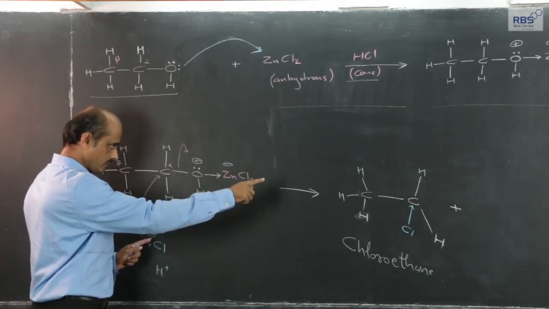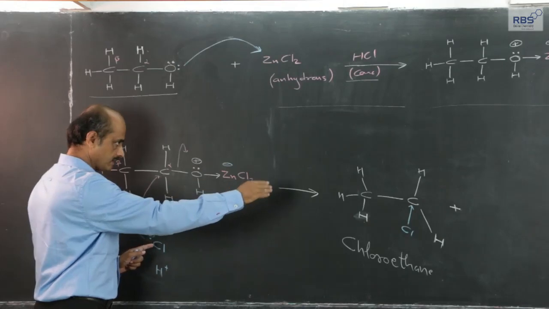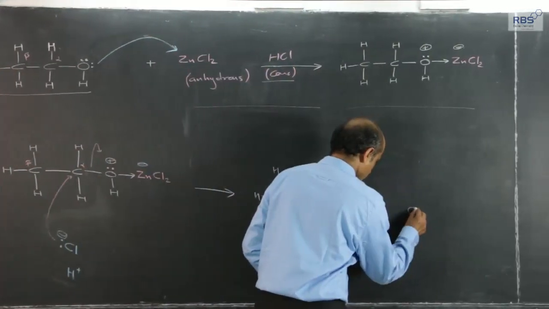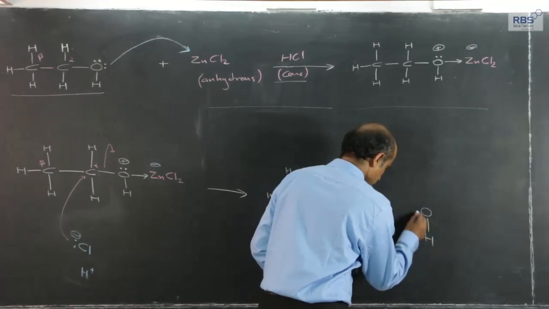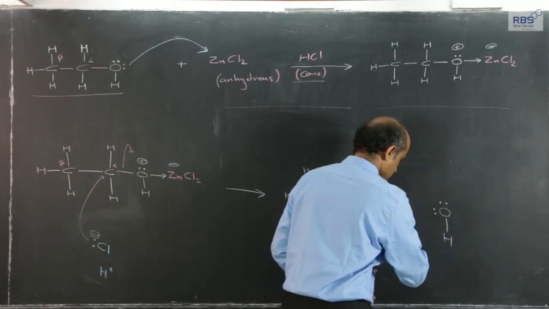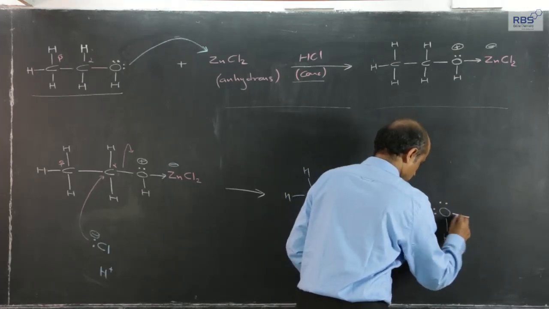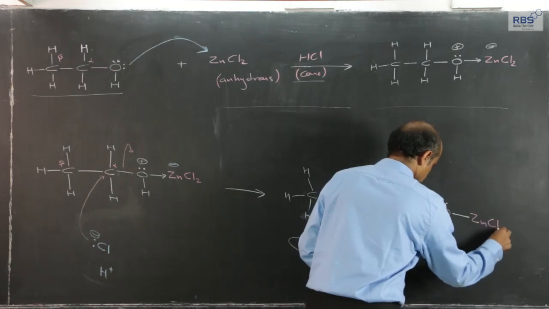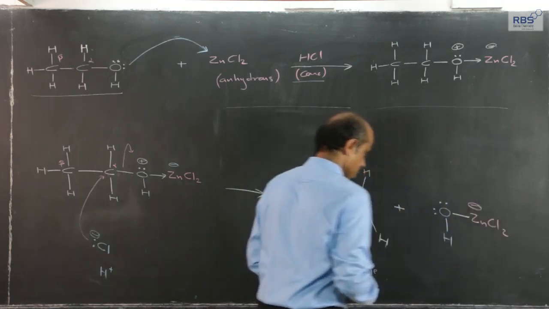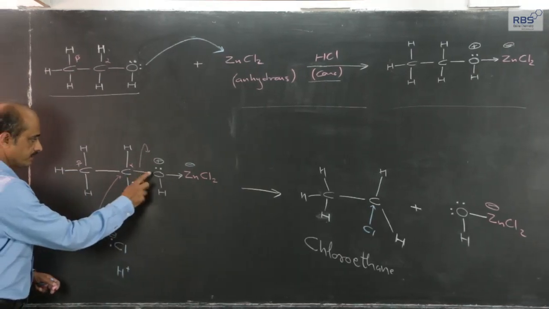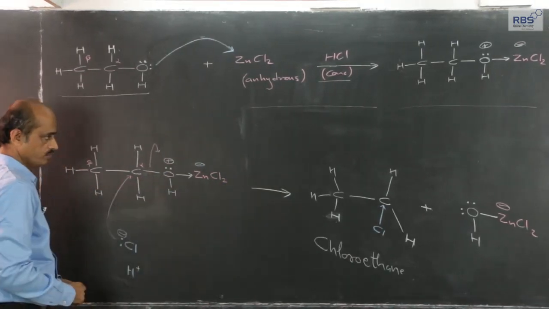Therefore, what I have to write after that plus is this. Negative charge is there. This shared pair has now become a lone pair.